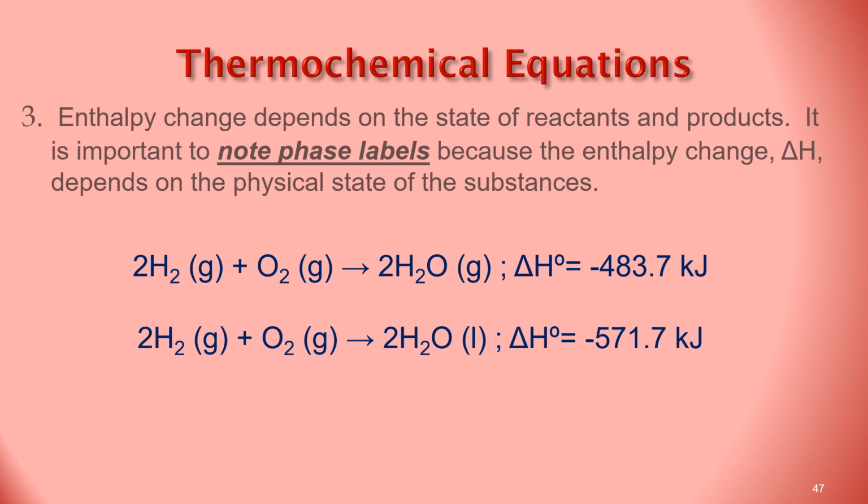If we're forming a liquid, it's actually more. Of course, what's the difference? The difference is the delta H of the condensation of the gas to the liquid. So make sure, we'll see when we start working with these, you have to look up some of the numbers, and so you want to make sure you know if they're gas or liquid.